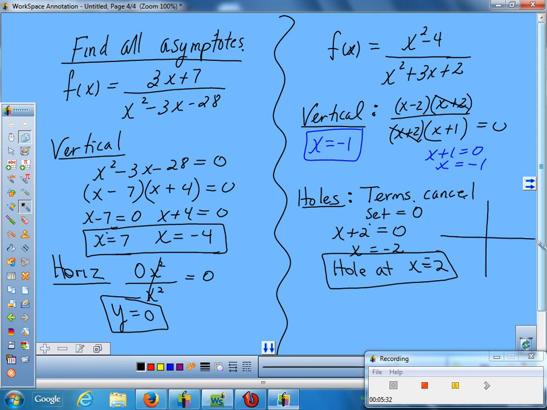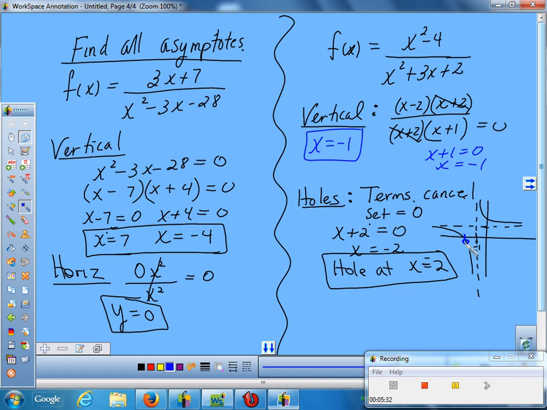This one has a vertical asymptote at -1, and at -2, wherever -2 lands, I didn't plot it exactly, there's a hole in the graph. So it just skips over -2.